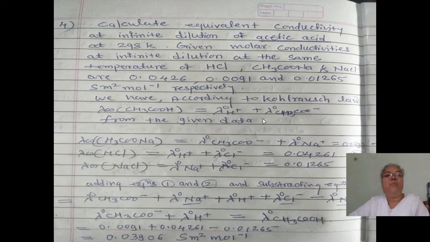And similarly, the molar conductance values are also added from equation number 1 and 2, and subtracting the molar conductivity value of equation number 3, we get 0.03906, and this is the unit Siemens meter square into mole inverse, and this is the important application of Kohlrausch law for the calculation of equivalent conductance or molar conductance at infinite dilution of weak electrolyte.